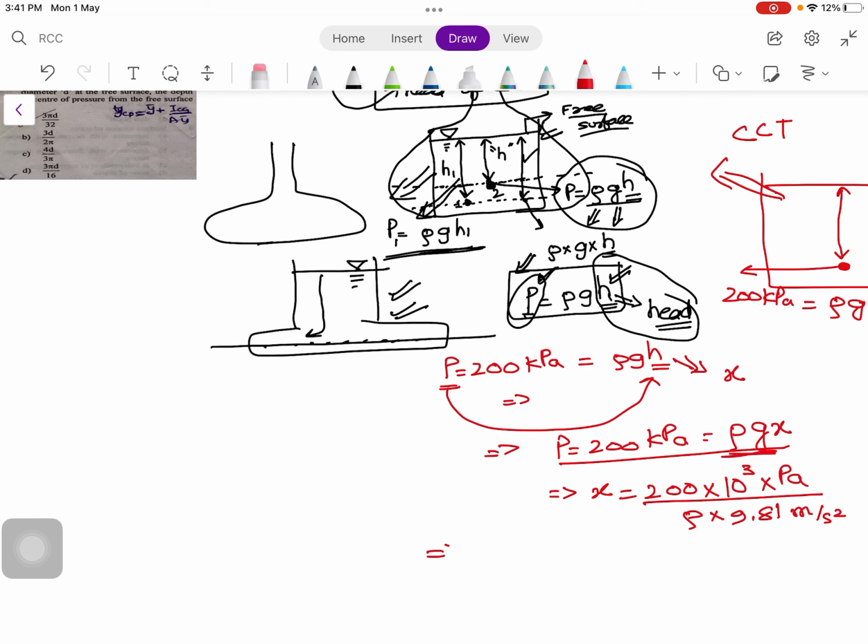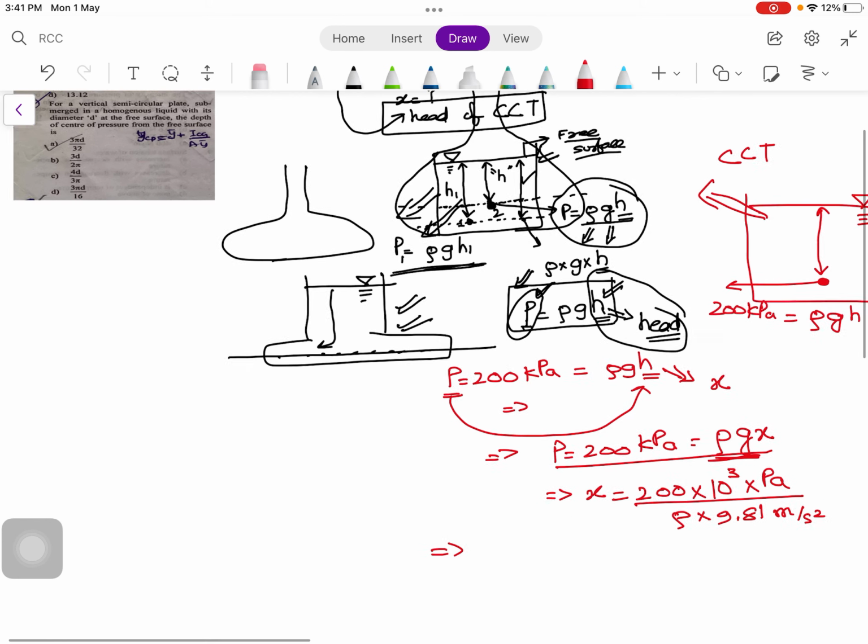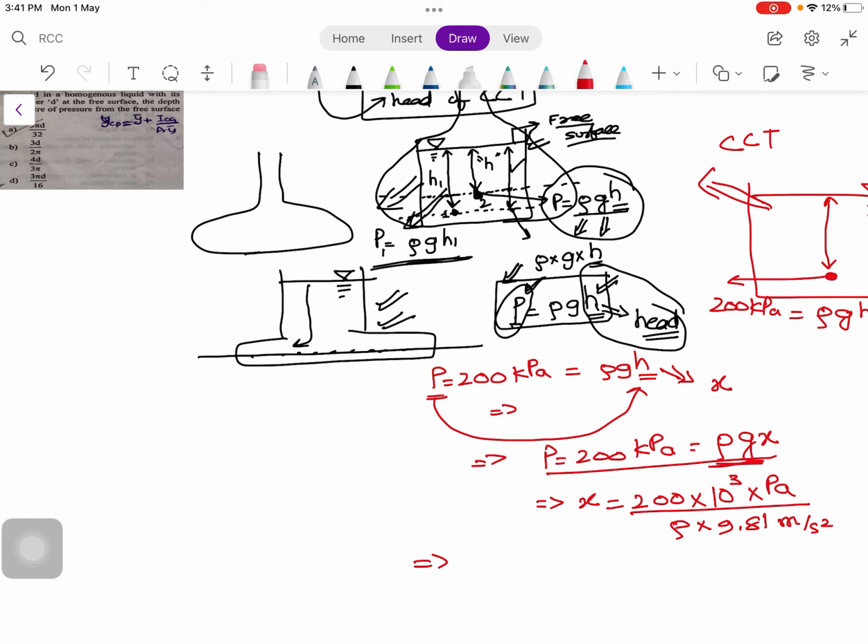Now in this scenario we have been given relative density of carbon tetrachloride as 1.59 instead of the density, and we know that relative density is equal to density of any liquid, which is carbon tetrachloride in this context, upon the density of water.